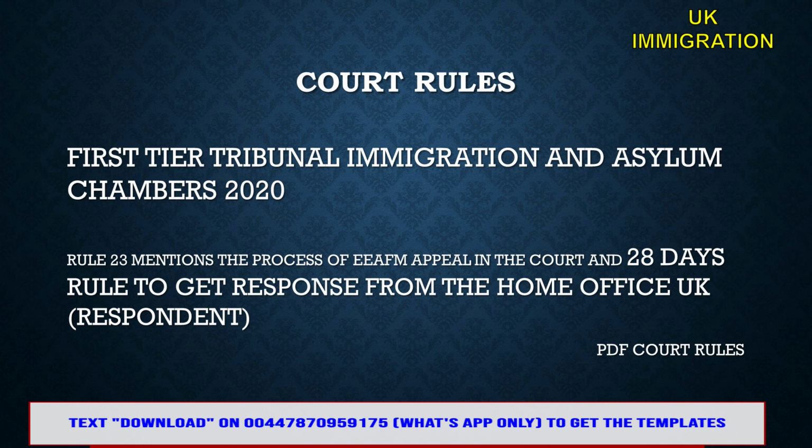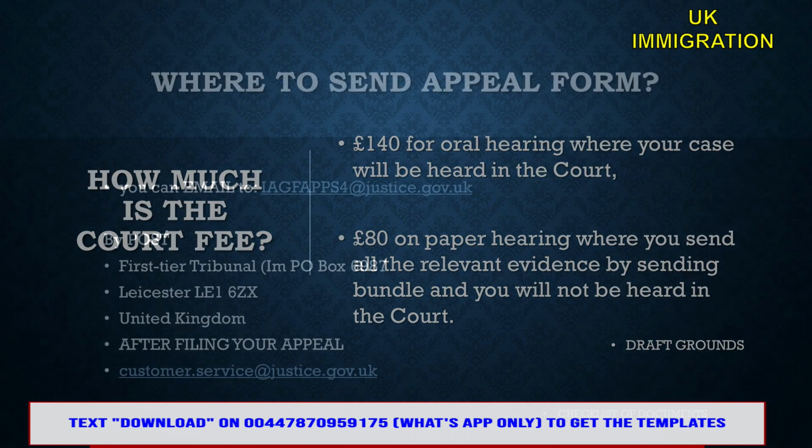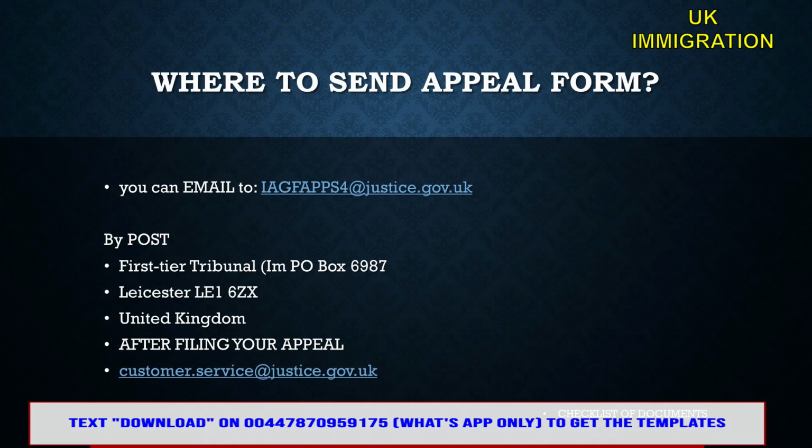Sorry, let me just show you where you are going to send your appeal to, okay? So here you will find the appeal email address. So this is the email address you are going to send your appeal. Once you've completed your appeal form, once you've drafted your grounds, once you've enclosed your relevant documents, then you are going to send your appeal by email, and this is the email address where you are going to send your appeal to.